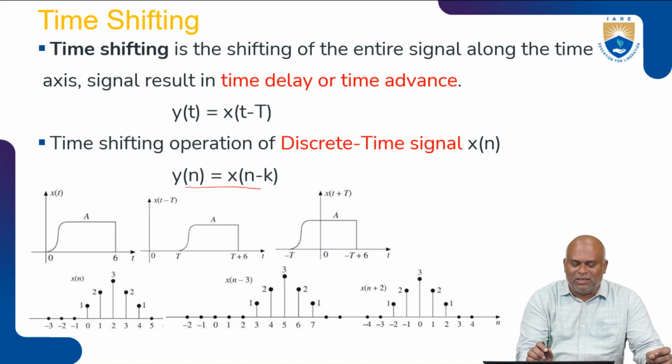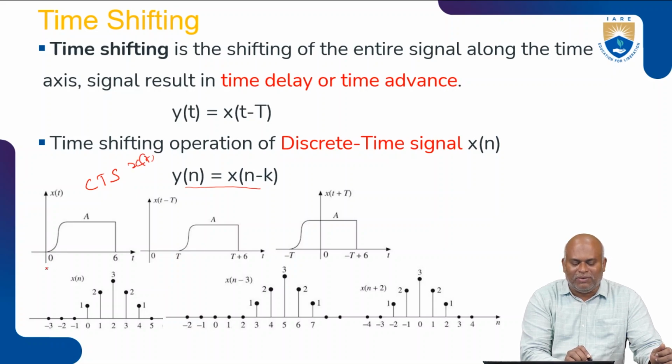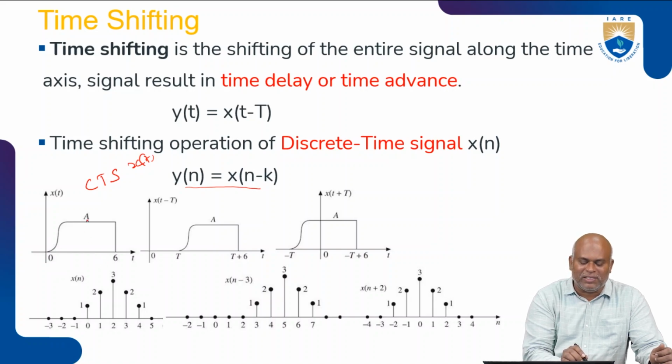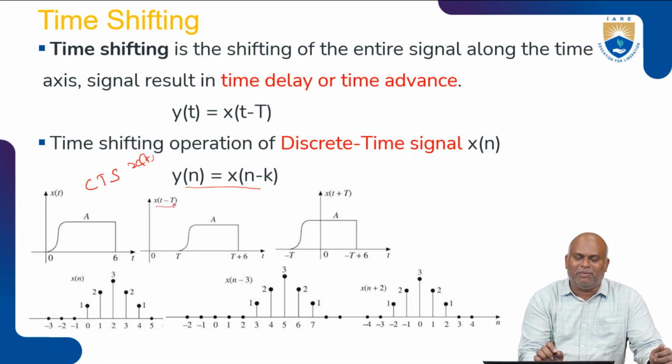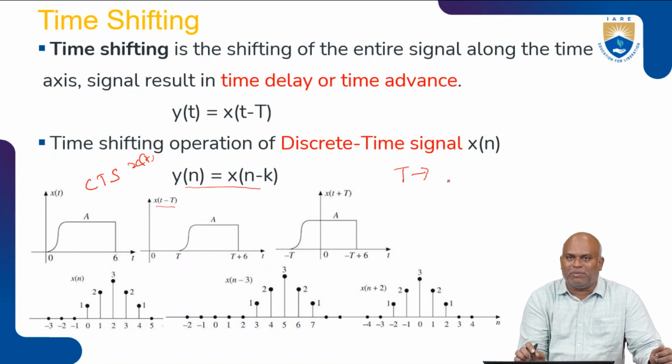For example, take this continuous time signal, which we represent as x of t. Here I have taken a signal that runs from 0 to 6 only. The amplitude is represented as A. Then I use x of t minus capital T. This capital T represents the shift in time.